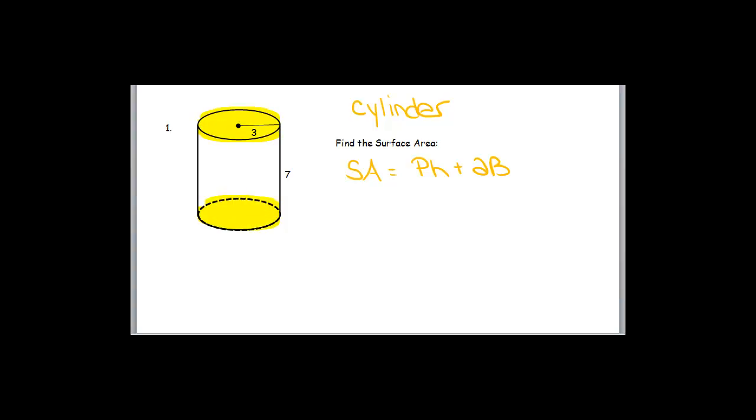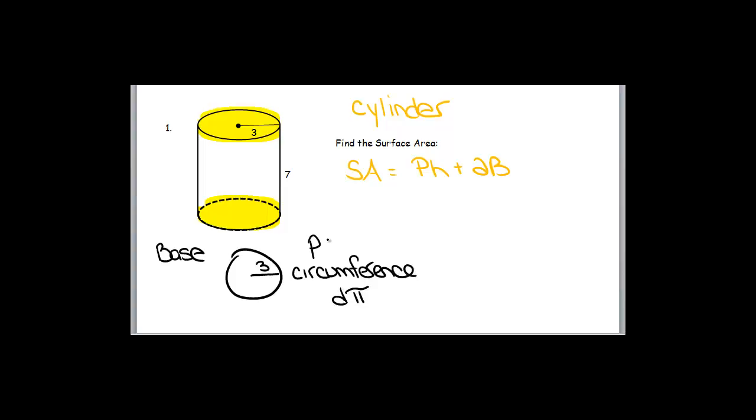So just like the other day, I am going to suggest sketching a picture of your base, which is a circle, and we're going to use that radius of 3. Now, remember P stands for the perimeter of our base, but perimeter of a circle is really the circumference. Which is d pi. So our perimeter or our circumference is 6 pi.